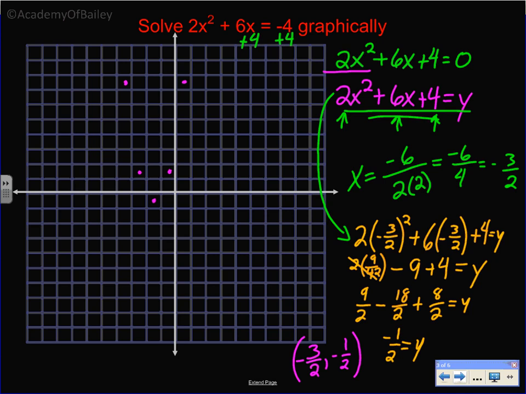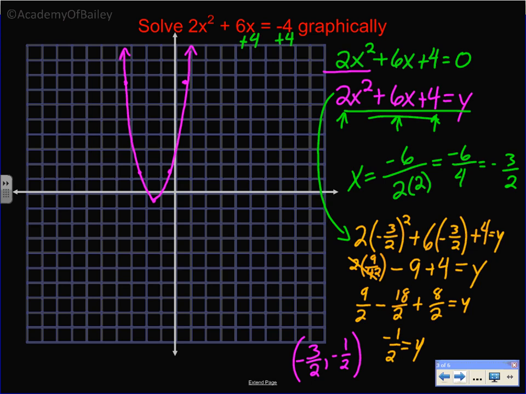And here's what the parabola should look like. We are off a little bit there, and it looks something like this, rounded off here at the bottom.